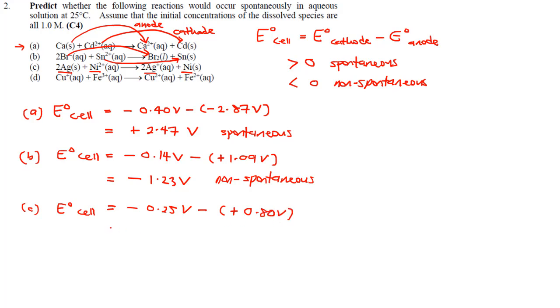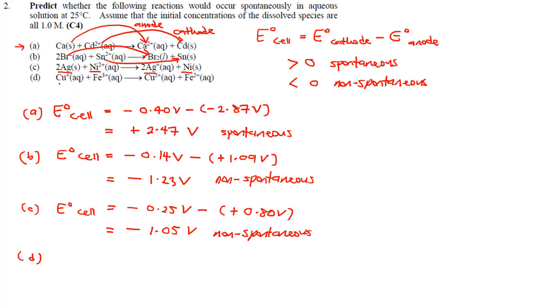So this will give you a negative answer lah, which is negative 1.05. So this also means that the reaction tu is non-spontaneous. Dan untuk D, so you must know that siapa yang undergo oxidation and reduction.